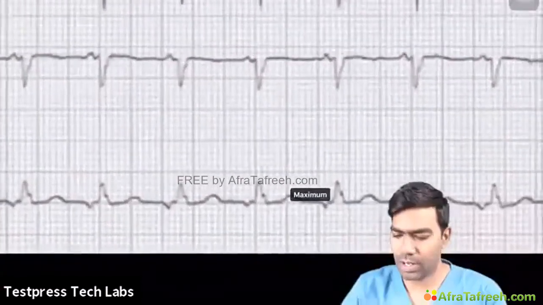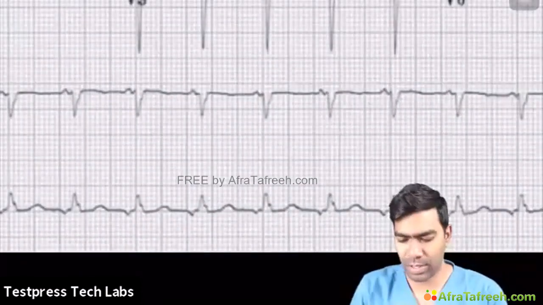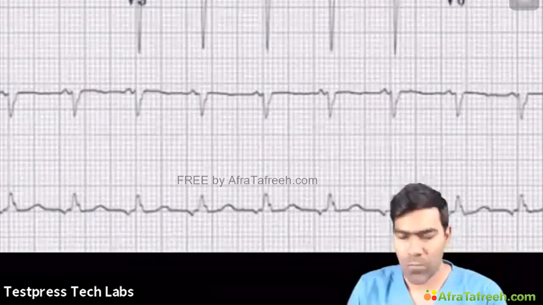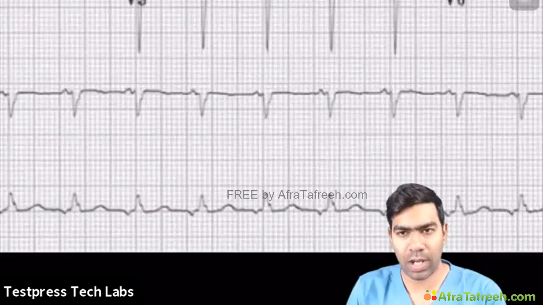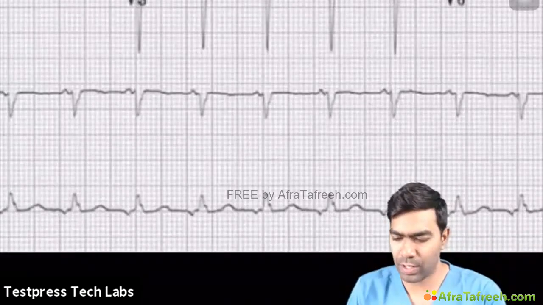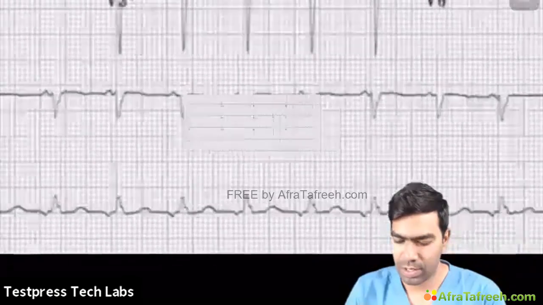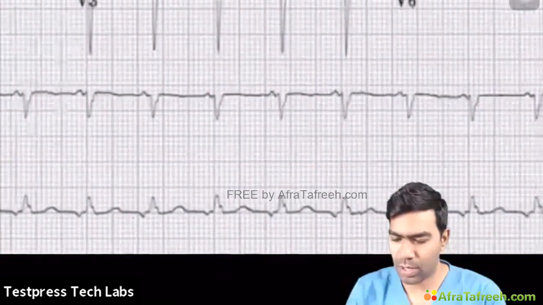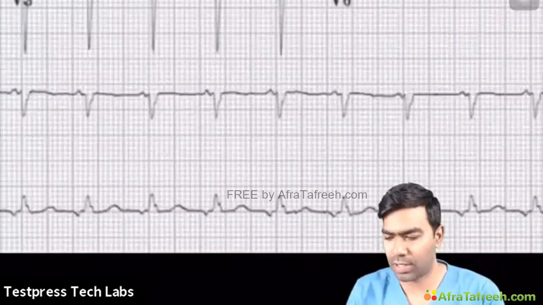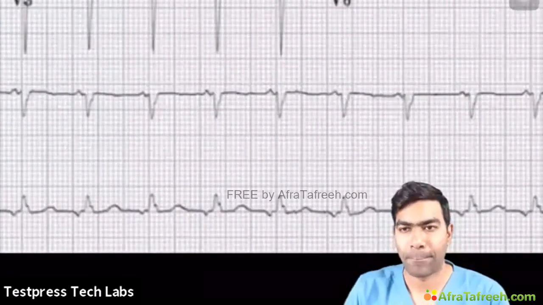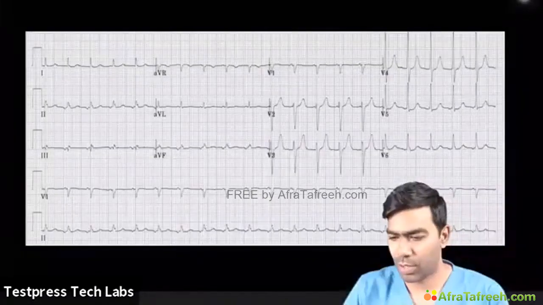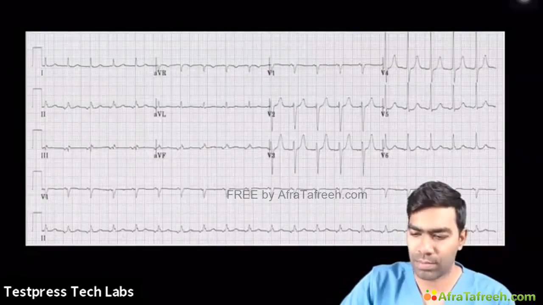Of course, it's around 2.5 boxes. All of them have 2.5 boxes. So here 2.5, here 2.5, here 2.5, here 2.5. Do you think it's regular or irregular? Now you are convinced it's a regular rhythm.